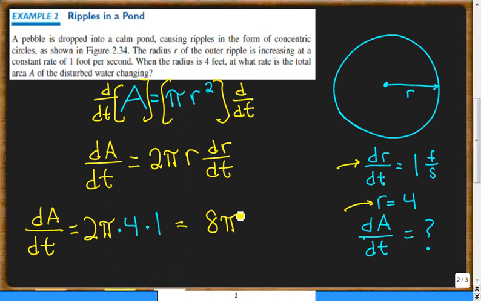Okay, so that is the rate of change. Now, if you wanted to do units, this would be square feet per second. So 8 pi is the answer, and the unit would be square feet per second. That is the rate of change.